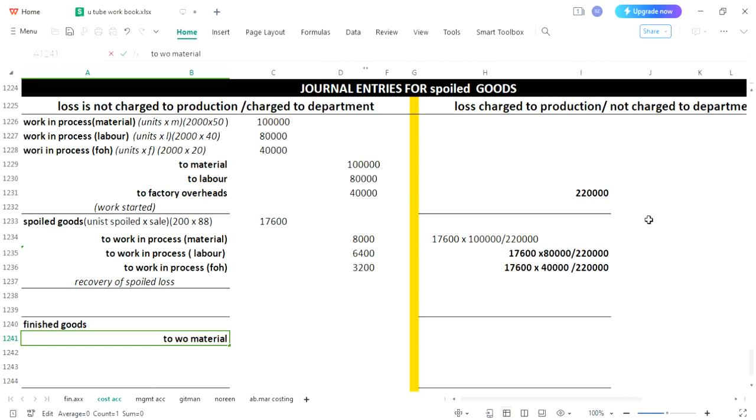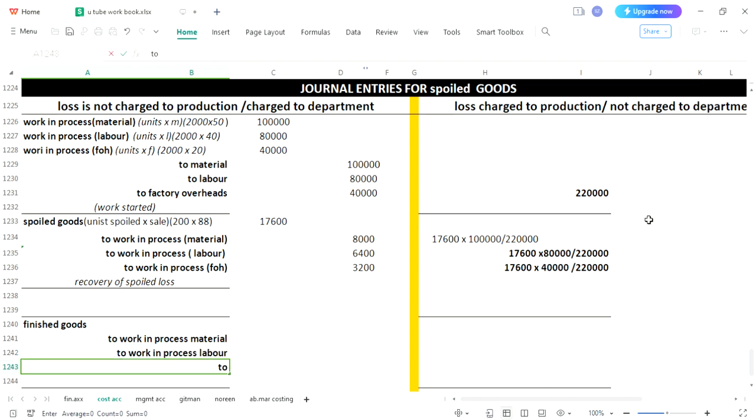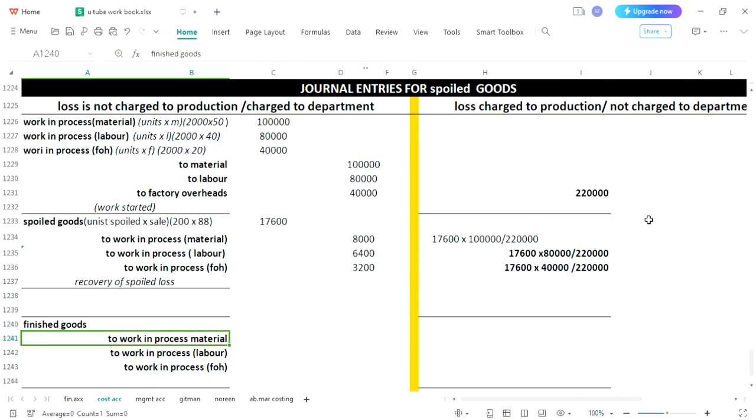Here you will write work in process material, and then you will write, let me correct the spellings, to work in process labor, and then you will see work in process FOH, work in process labor to be written in bracket, and then you have work in process material as well, needed to be put in a bracket over here. Okay, entry has been completed.